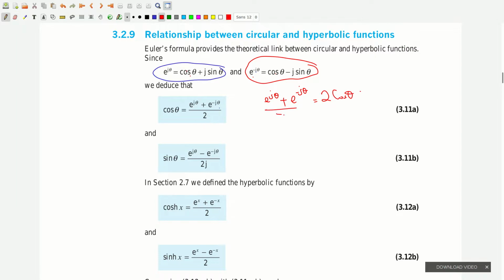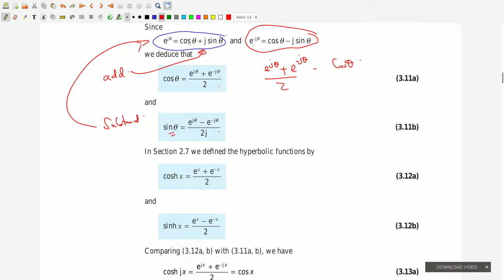So when you divide by 2, you get this result here. So for cosine you just add, and for sine you subtract these equations. You should be able to get that result.